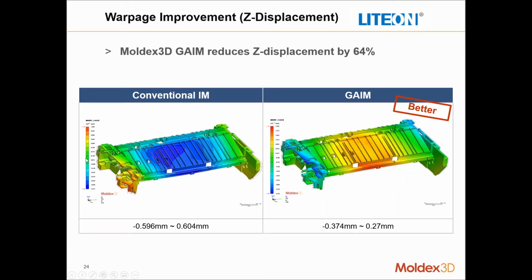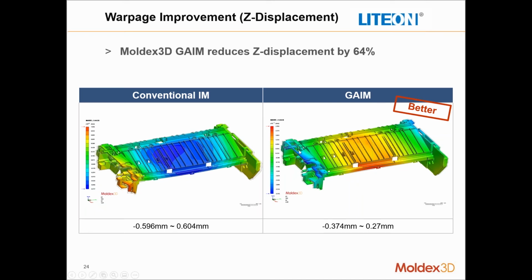And you can actually see that with the Z displacement result, the trend actually reverses. It's a little bit higher in the middle and much lower towards the outside, where it's the opposite with conventional injection molding.